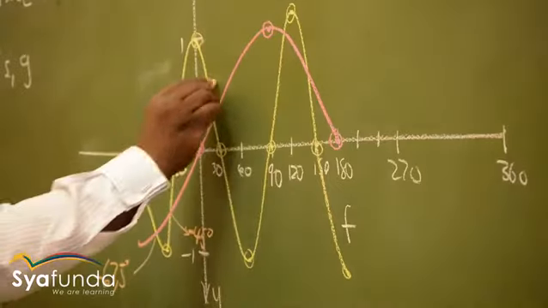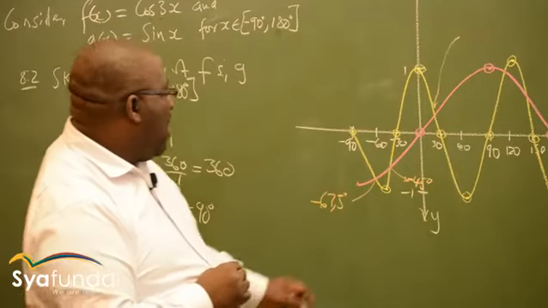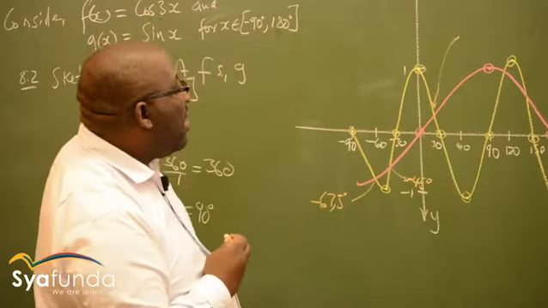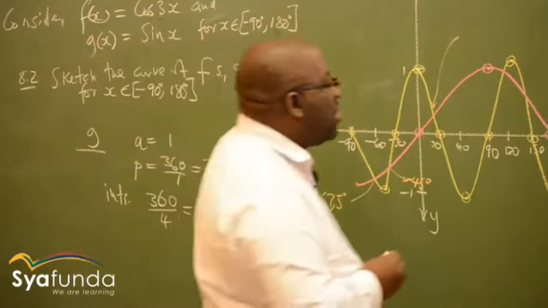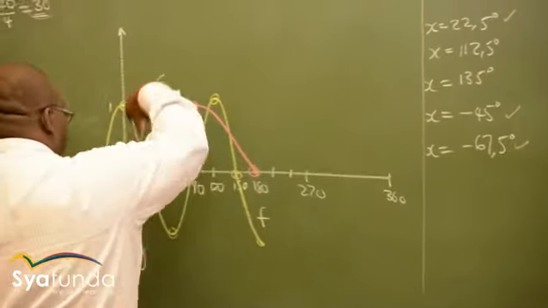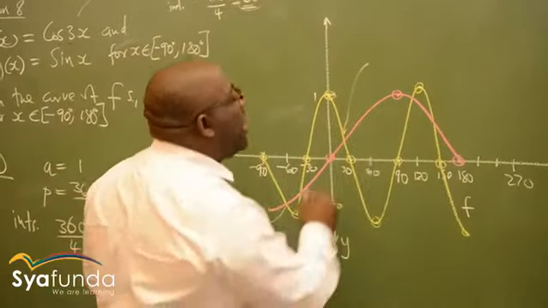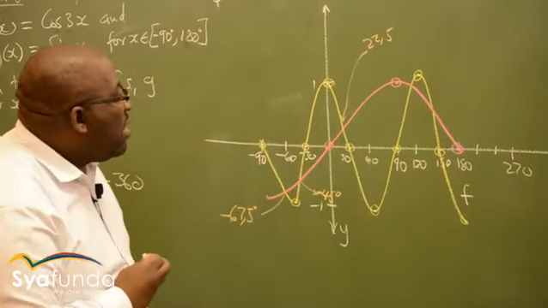What do you think this value is? This value there. It is less than 30 degrees, but above 0 degrees. In this particular case, that is the value that we're talking about, which is equal to 22,5. 22,5. Let's look at the next value.